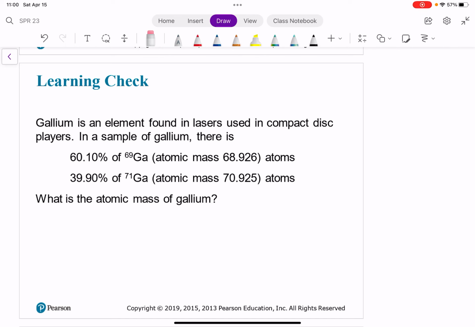So about 60% of the gallium we have is the isotope gallium-69. The other 39.9% is gallium-71 with an atomic mass of 70.925. So what's the atomic mass of gallium? And remember, that's calculating the weighted average.